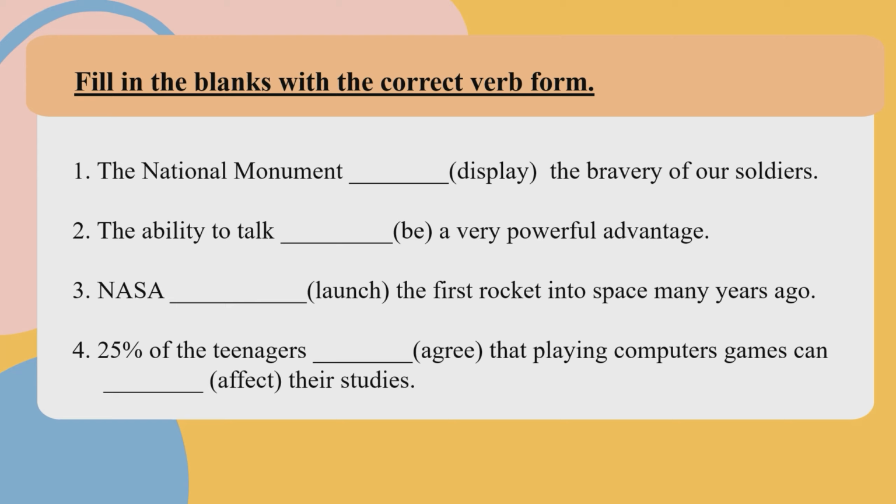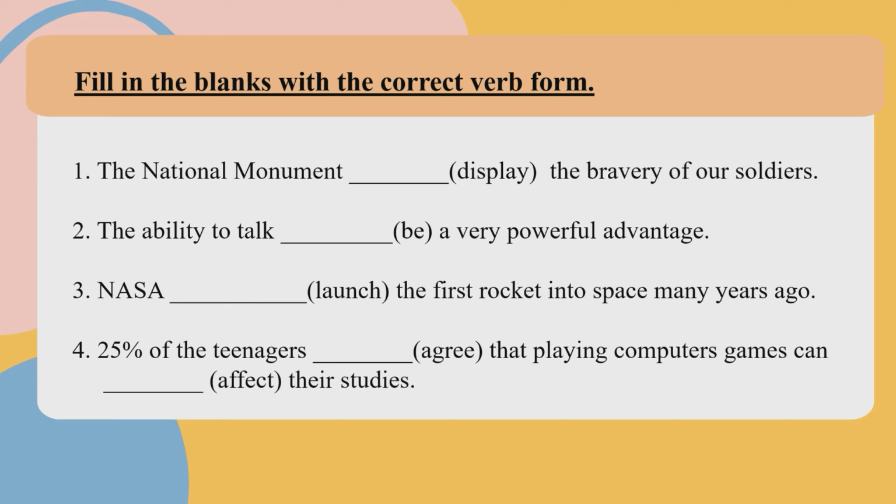Now, this exercise requires you to fill in the blanks with the correct verb form. The verb form will be either in the simple present tense or in the past tense. So what you need to do is read the sentence and ask yourself, is this present, showing a habitual action or a fact?